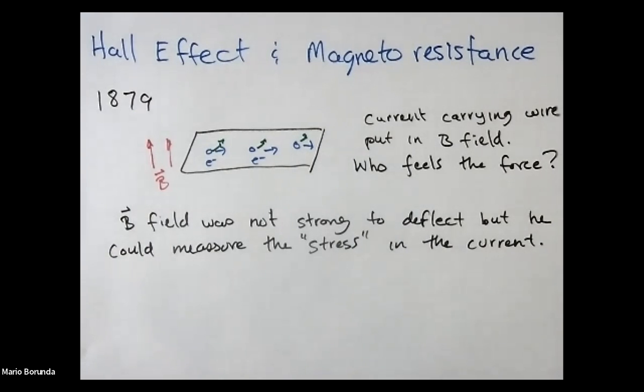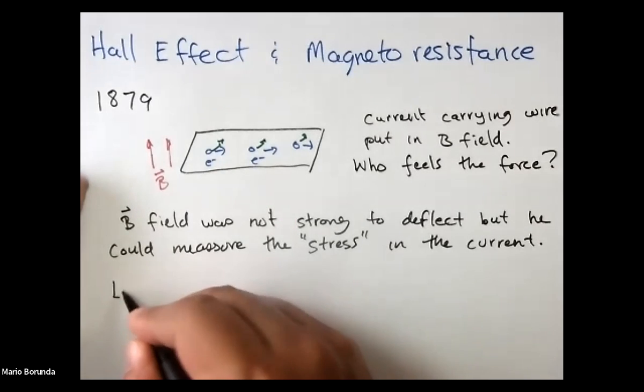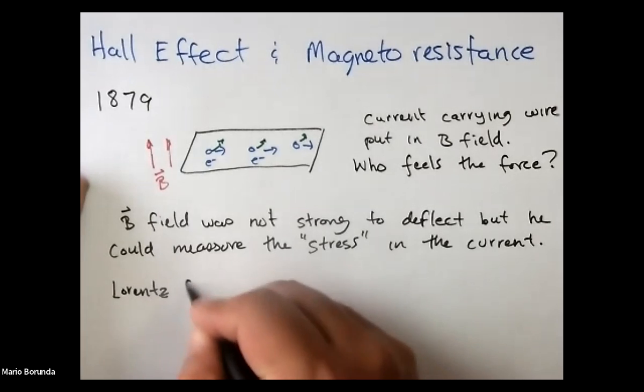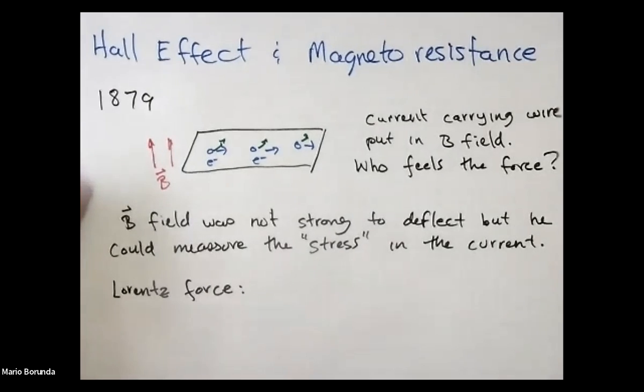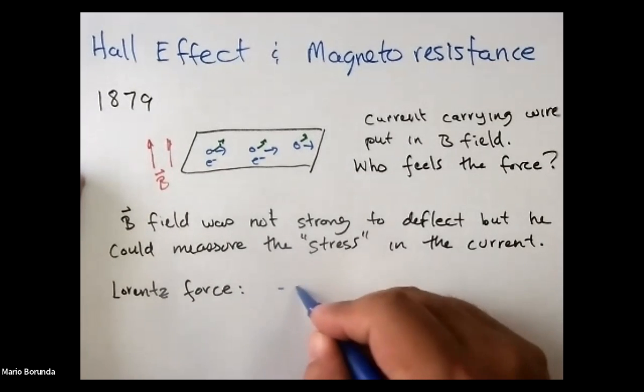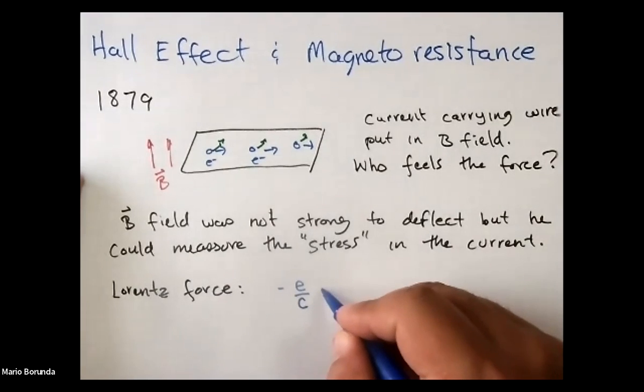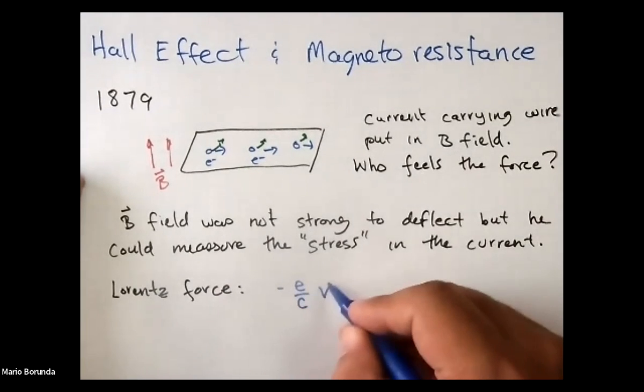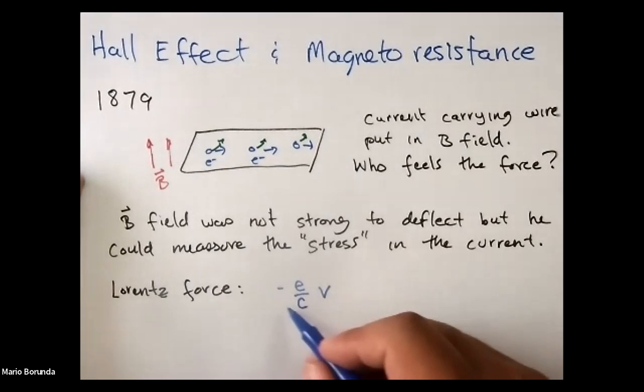So let's talk about this part then. We're going to experience a Lorentz force if we were an electron in a magnetic field, right? So this Lorentz force is given to us by the speed of light on the bottom, the charge on the top with the negative in it.